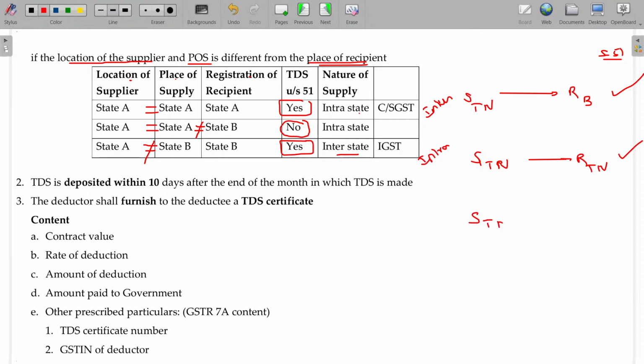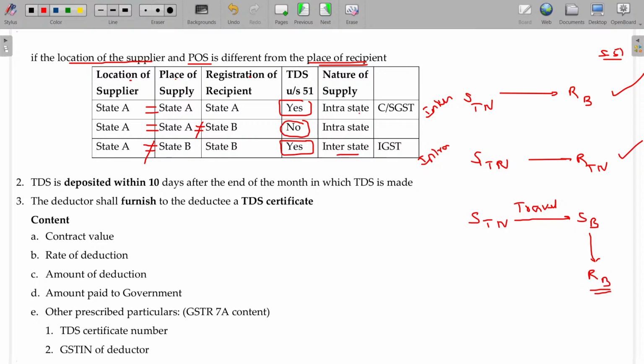Supplier being in Tamil Nadu, the location of supplier, he travels to Bangalore and supplies to the recipient in Bangalore.